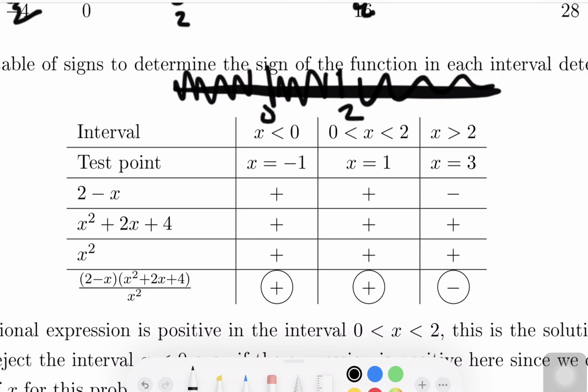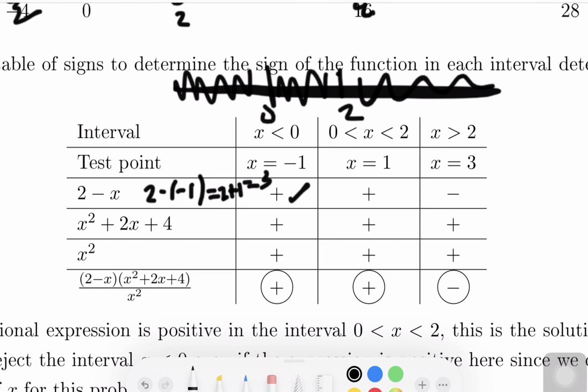Again, substitute to find the signs. If x is negative 1, 2 minus negative 1, so we have 2 plus 1, which is 3. So that is why it's a positive number, and so on.